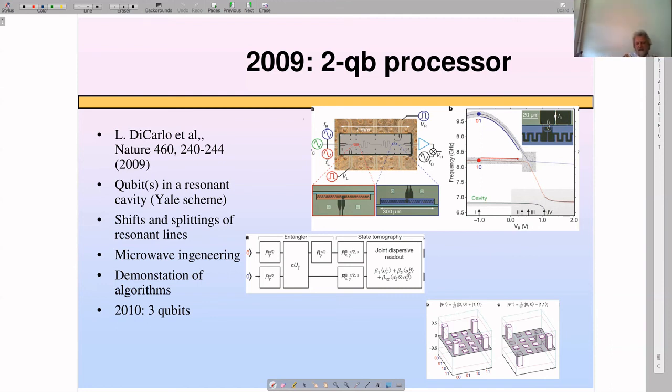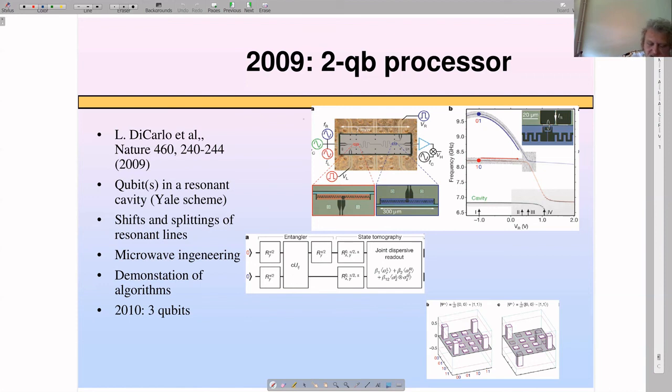It was a realization of a two-qubit processor with two Josephson junctions. So it is essential in this scheme that qubits are put in a resonant cavity.